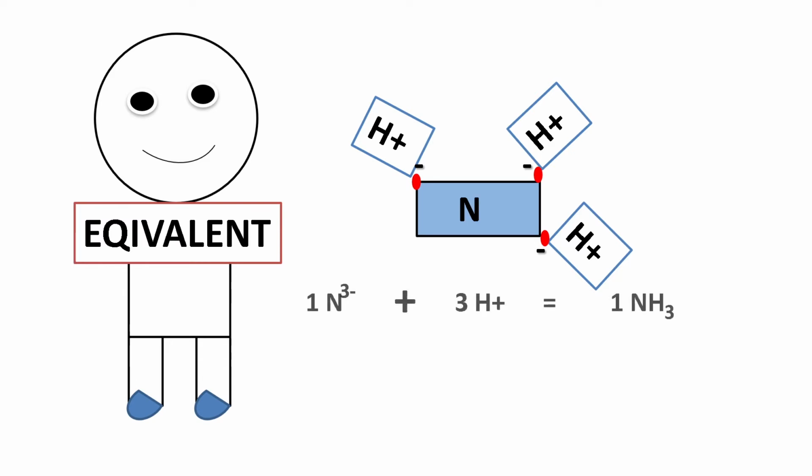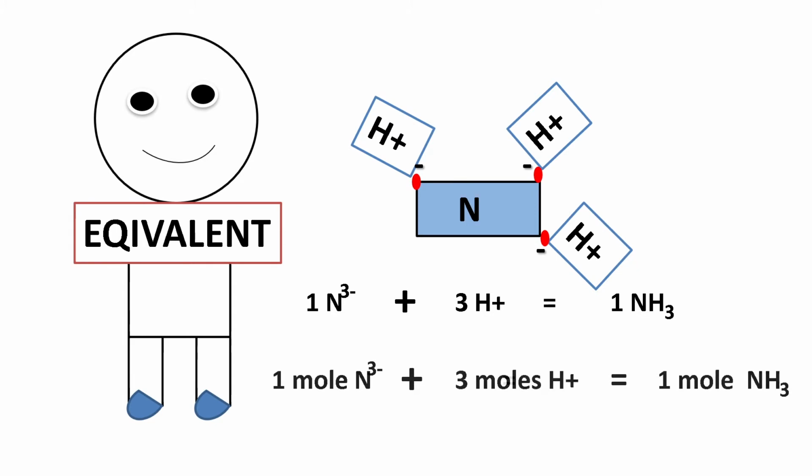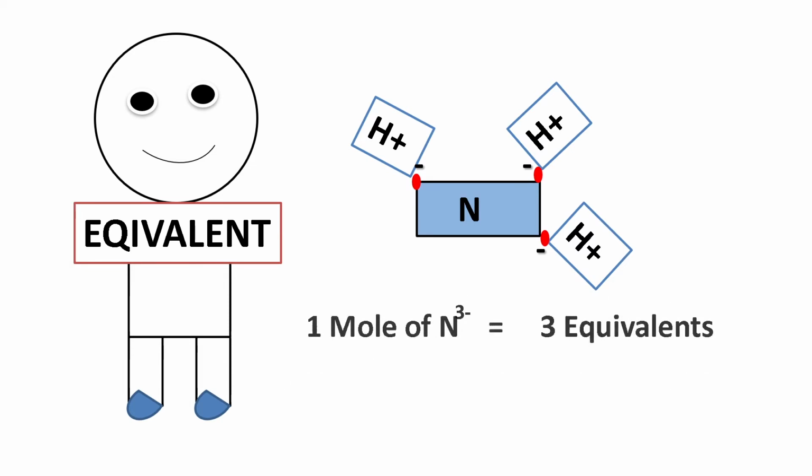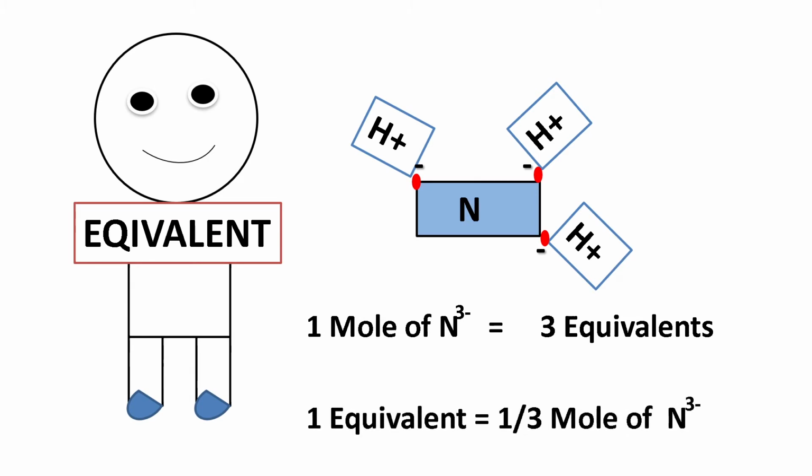Therefore, 1 nitrogen will react with 3 hydrogen ions to form 1 ammonia molecule. That means 1 mole of nitrogen will require 3 moles of hydrogen to form 1 mole of ammonia. Therefore, we can say that 1 mole of nitrogen is equal to 3 equivalents, or 1 equivalent is equal to 1/3 mole of nitrogen.